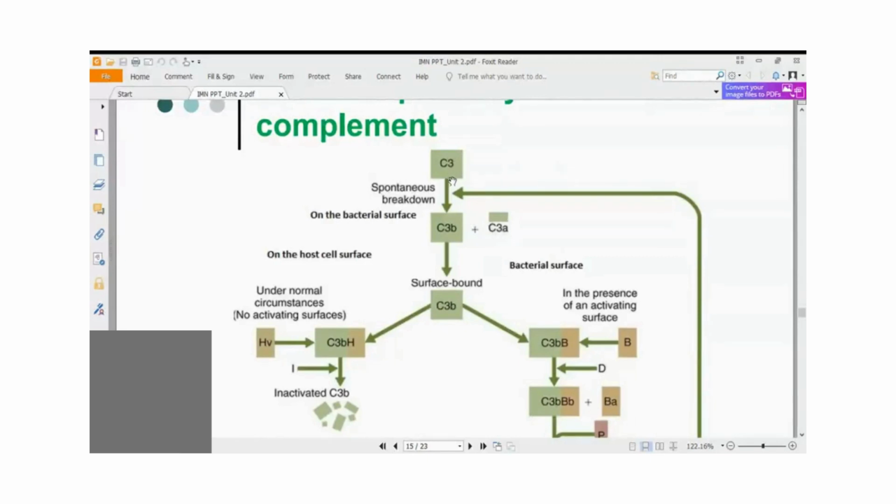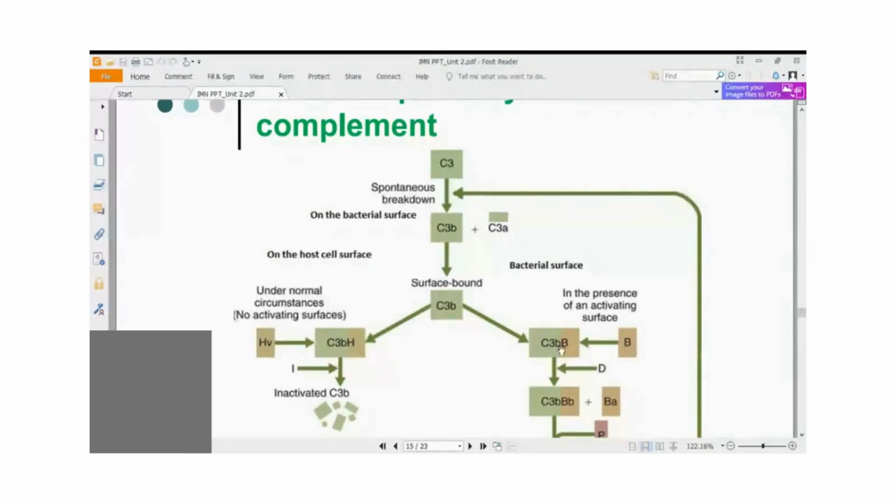So C3 complement, on coming in contact with the bacterial surface membrane, is split into two components, C3b and C3a, and C3b remains bound to the bacterial surface. And the C3b, which is bound to the bacterial surface, attracts a factor called factor B. And that factor B is present in the serum.